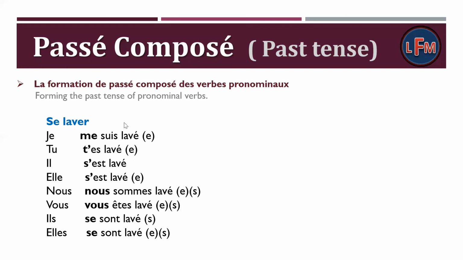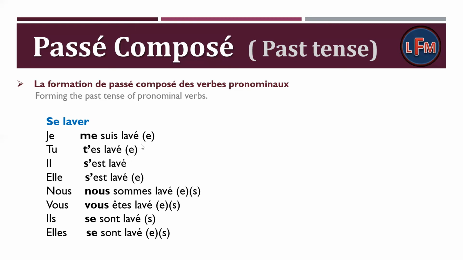Then we take the auxiliary verb être with the corresponding subject: suis with je, es with tu, est with il or elle, sommes with nous, êtes with vous, sont with ils, sont with elles. So first we take the reflexive pronoun, then the auxiliary verb être, then the participe passé of the verb. The participe passé of laver is lavé with an accent aigu over the e.